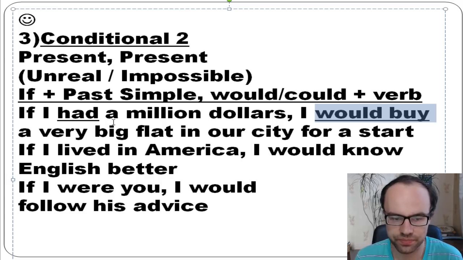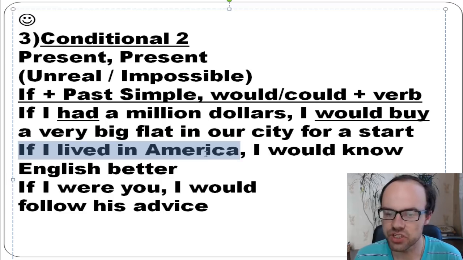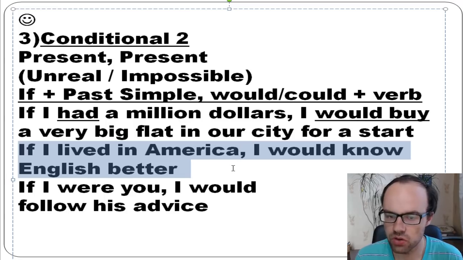Good. Next. If I lived in America, I would know English much better, or I would know English better. So you can say it, yeah? So you live in another country, you live in another place, not in America, yeah? And it isn't true now, so you aren't in America, and so it's in your imagination, okay?